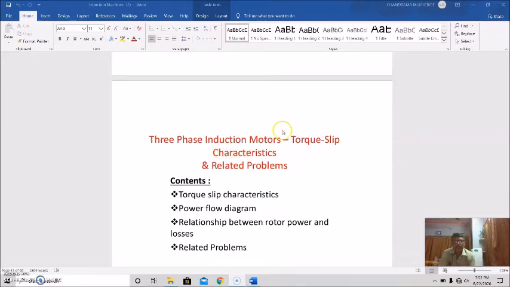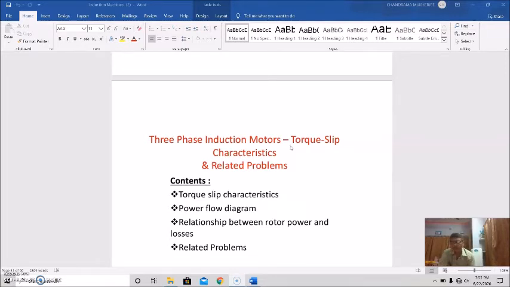Since we have got the idea about the induced rotor current at running conditions, we can find out the power developed in the rotor, and as a whole from this we can find out the developed torque.